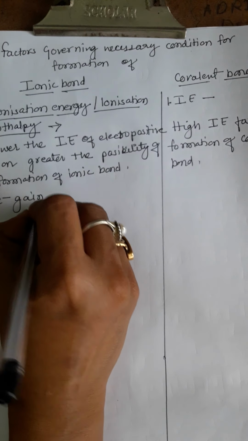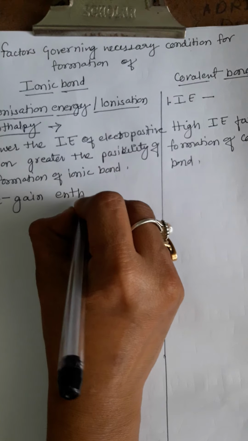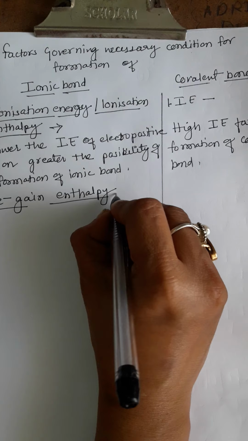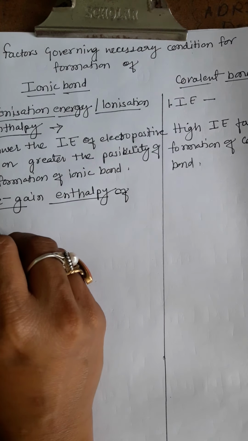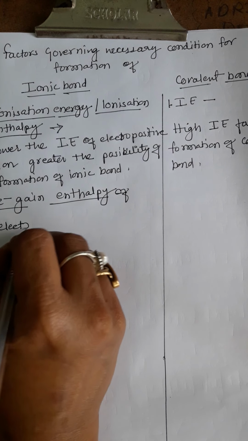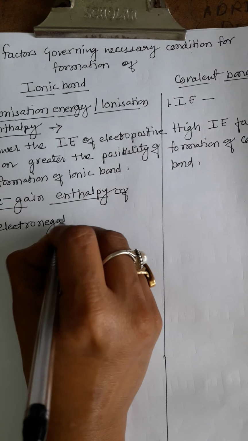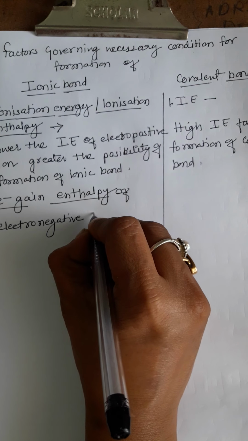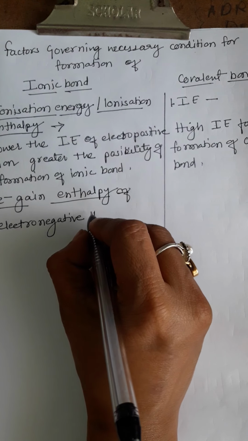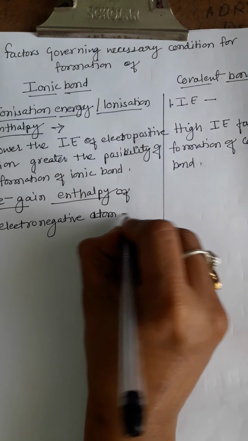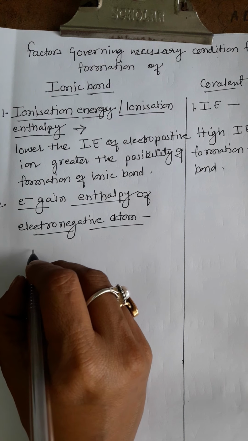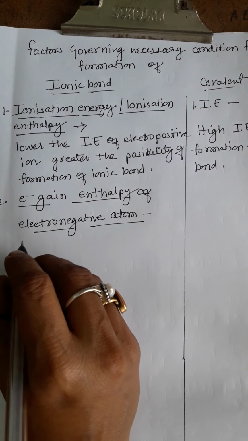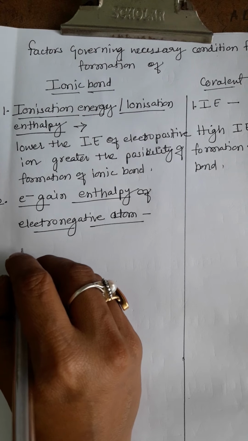Electron gain enthalpy of electronegative atom. So more value of electron gain enthalpy of electronegative atom, more possibility of formation of ionic bond.